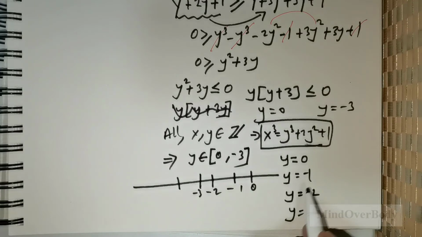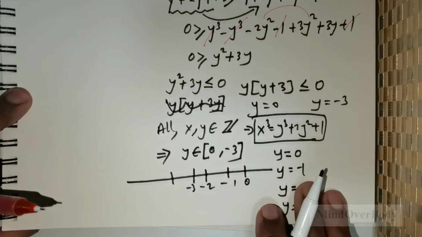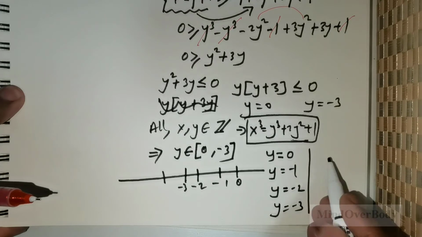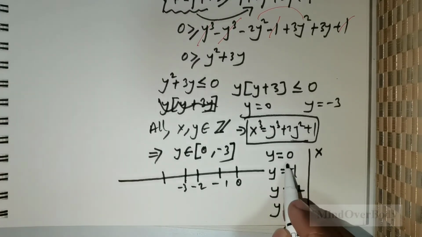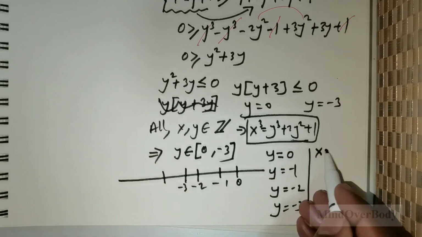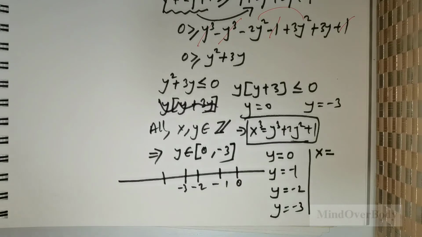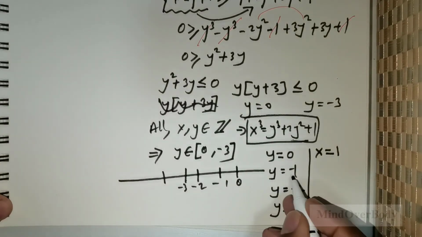Now for each of these values, y taking 0, -1, -2, and -3, you have a corresponding x. When y is equal to 0, clearly x is going to be equal to 1. The next value comes when y is equal to -1.